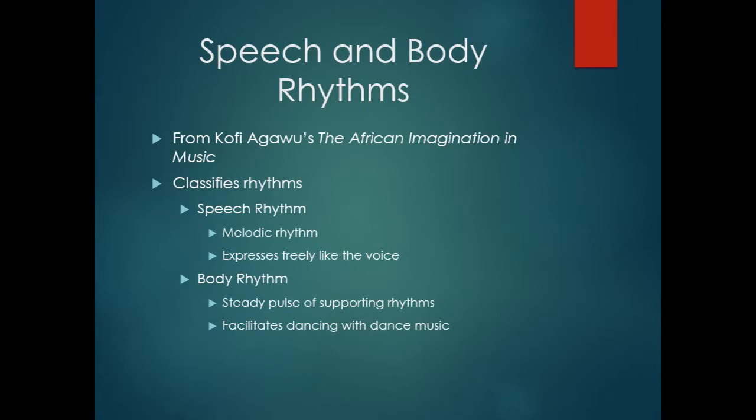But on the other hand, a body rhythm has a steady pulse as a supporting rhythm. And this is common through dance music, because dance music facilitates movement of the body, and a steady pulse facilitates dancing, whereas a speech rhythm allows a single melody to express and fluctuate.